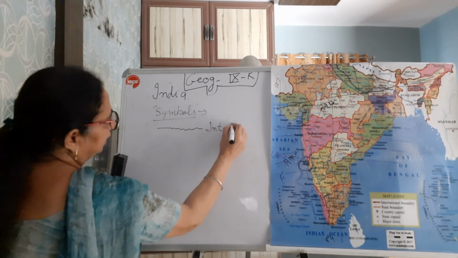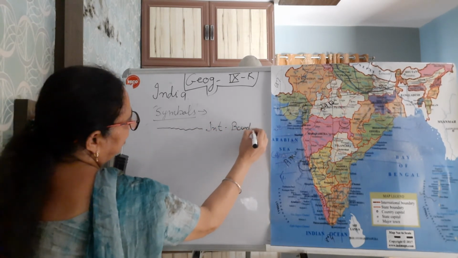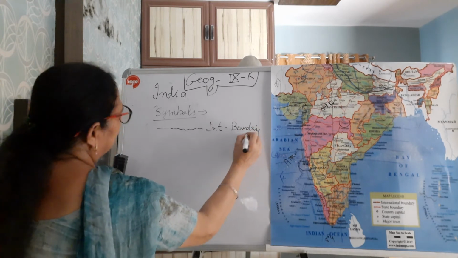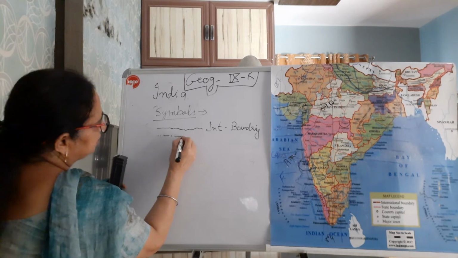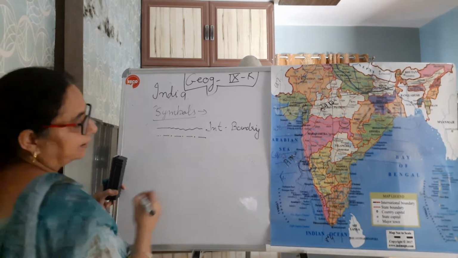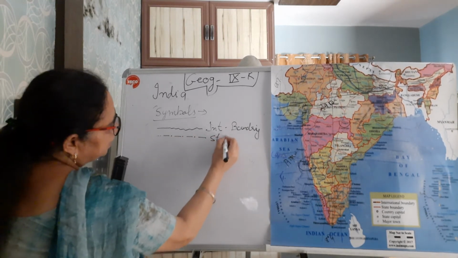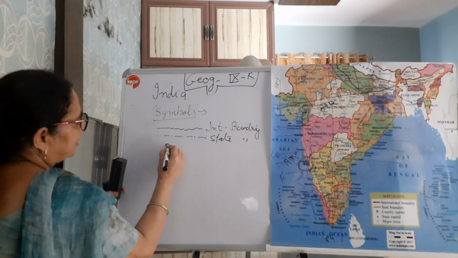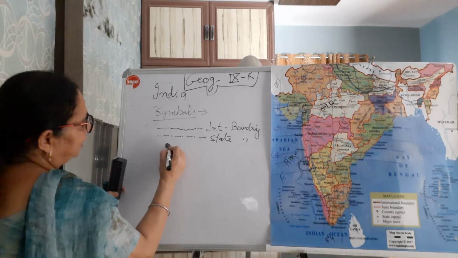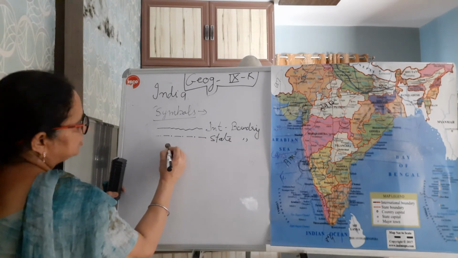International boundary. Then there is state boundary, one line, dot, line, dot, line. That is state boundary. Then there is a country capital, meaning central capital, a dark dot.